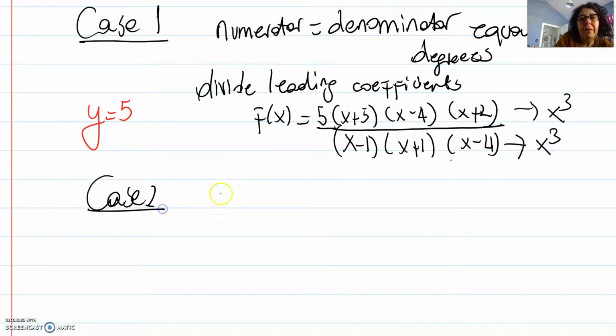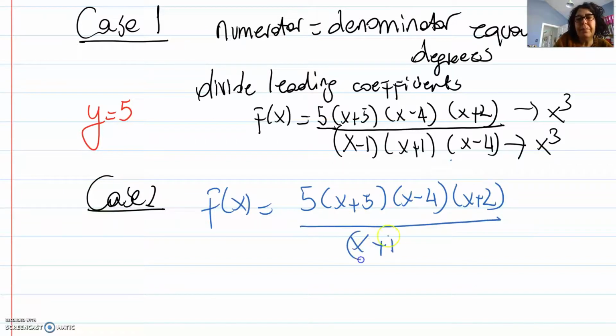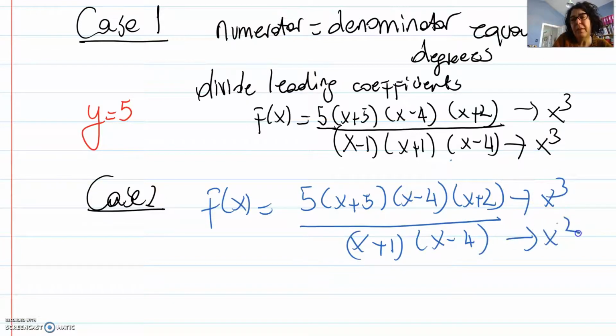What could happen? We could have a function whose numerator has a higher degree than the denominator. So numerator I have x cubed, denominator x squared. Then in this case there is no horizontal asymptote.